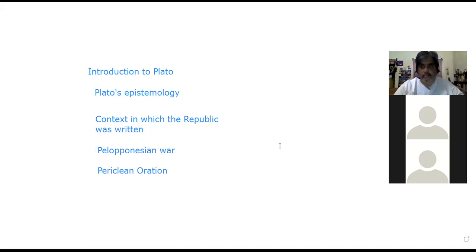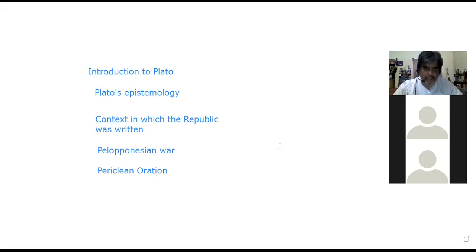These are the two immediate reasons why Plato wrote the book The Republic.